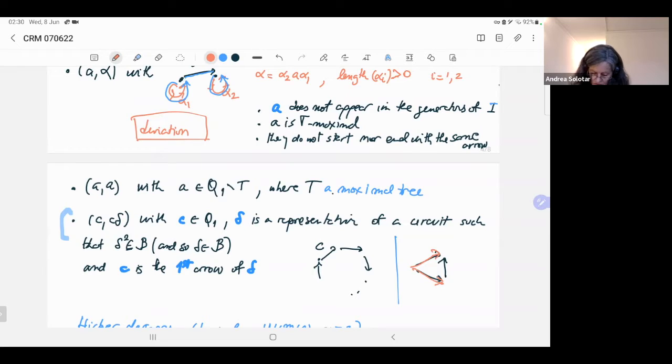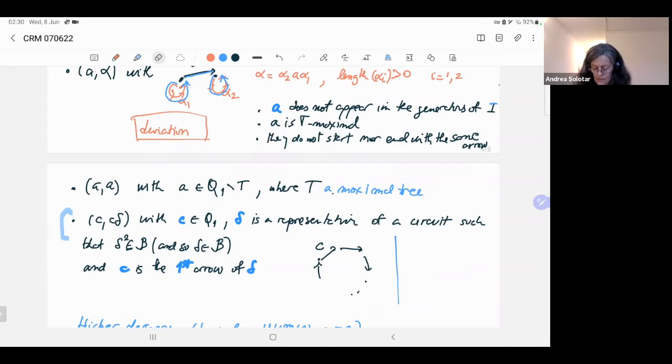So for this set of elements, we are going to have an arrow A here that is in the complement of a maximal tree. Of course, we can choose a maximal tree in several different ways, and the elements in the basis of the cohomology in degree 1 are going to change, but the results we obtain are going to be isomorphic.